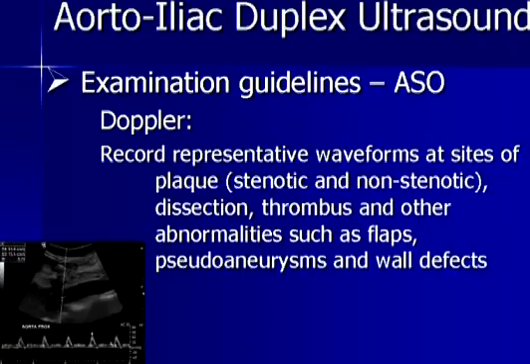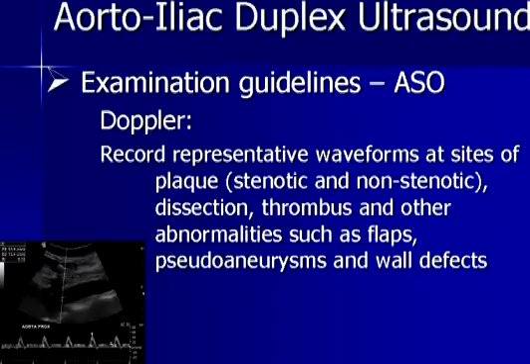You will want to record representative waveforms from all these sites of interest, whether they are stenotic or non-stenotic, as well as any waveforms from sites you might see of dissection, the presence of thrombus, or any other abnormalities you might find, such as flaps, pseudoaneurysms, small or subtle wall defects.